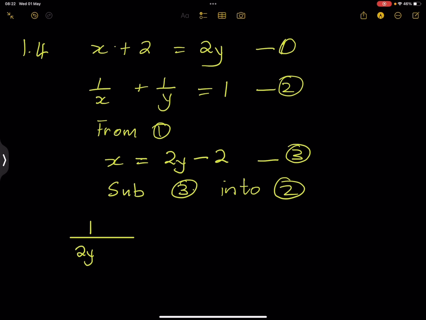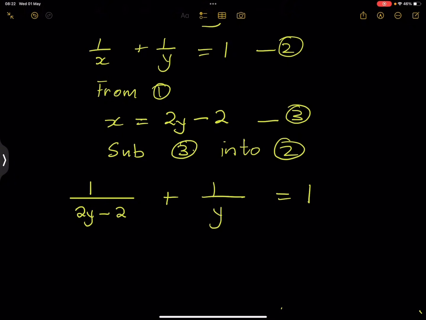So 1 over 2y minus 2 plus 1 over y, this is equal to 1. Now, remember, what would be our LCD? Our LCD, lowest common denominator, will be y times 2y minus 2.